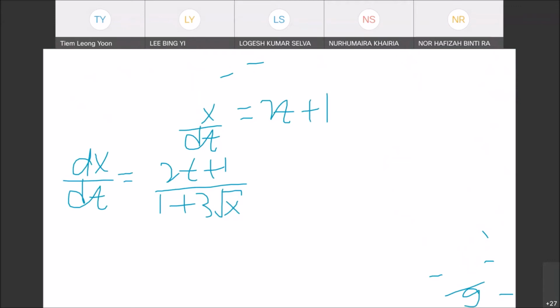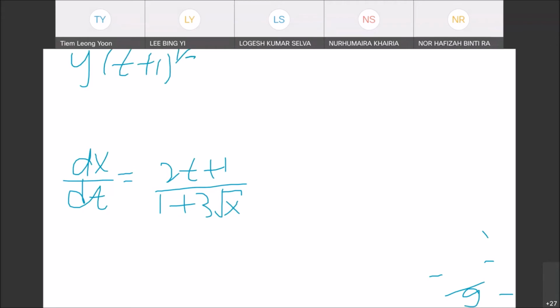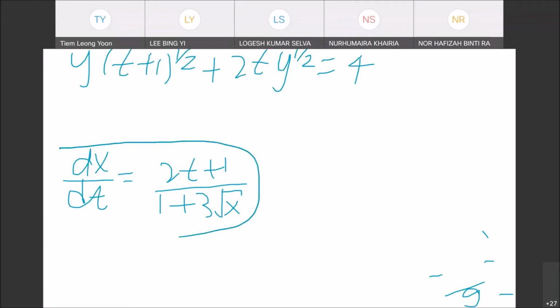Okay, the parametric equation for y is y times the square root of t plus 1, which I write like this, plus 2t times the square root of y, equals 4. I'll keep this for later.